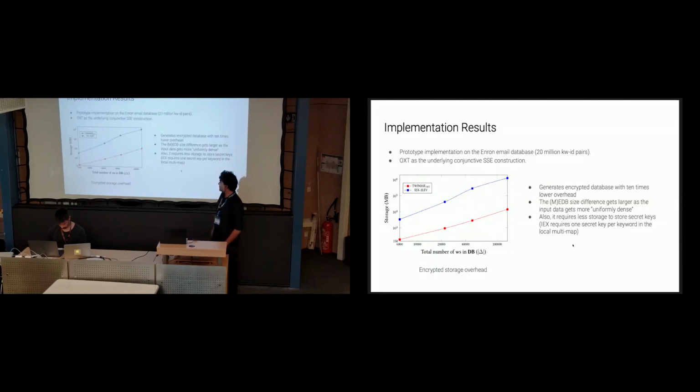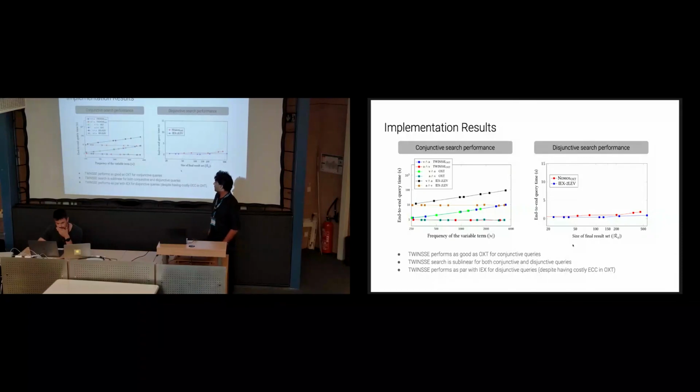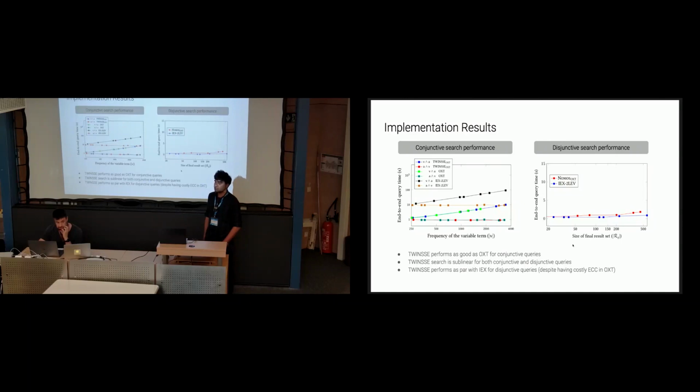As an implementation result, this linear storage overhead is certainly much less than the previous state-of-the-art IEX. And depending on the bucket size, this storage overhead varies. For our implementation, we chose n equal to 10, and for that we attain the previous overhead there. As for search overhead, this TWO-IN-SSE performs as well as OXT, which is less.